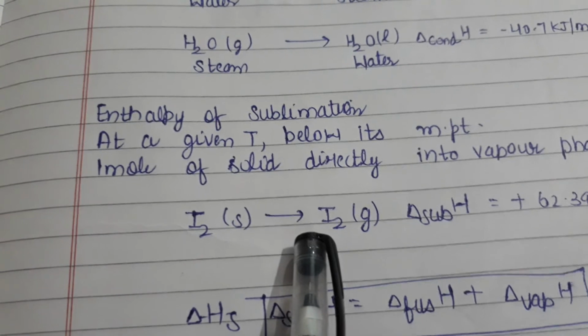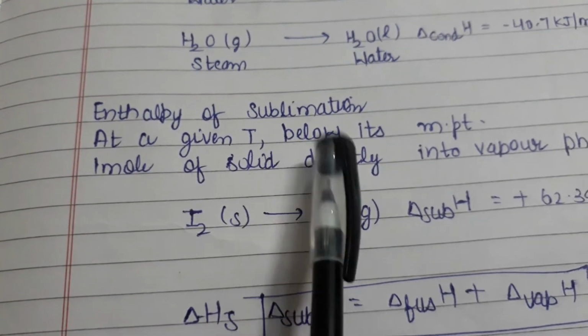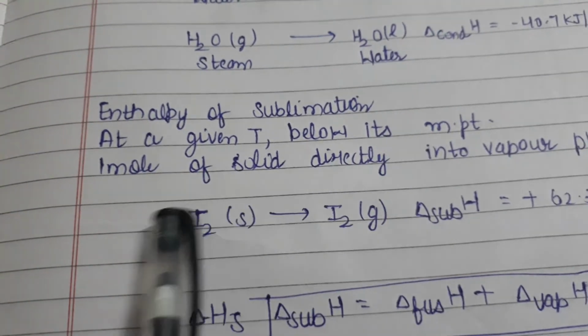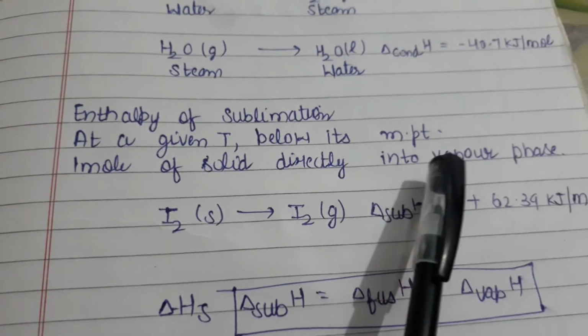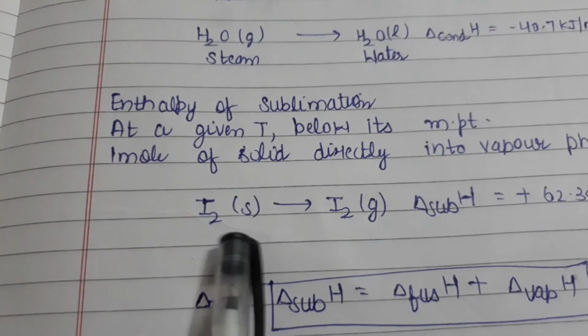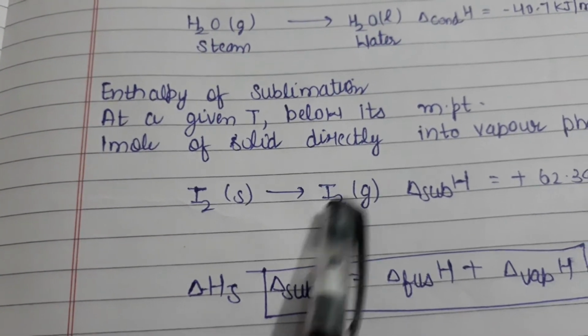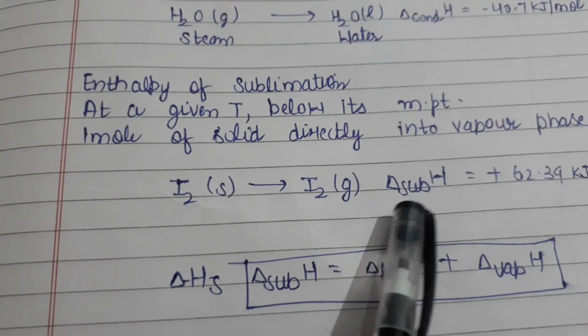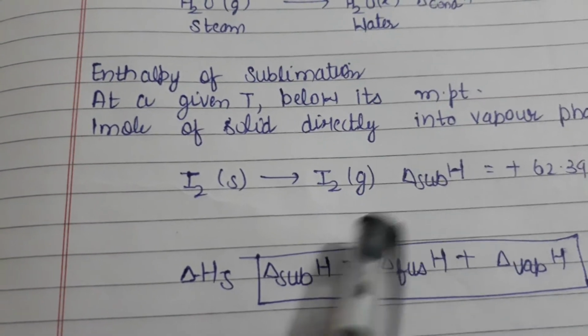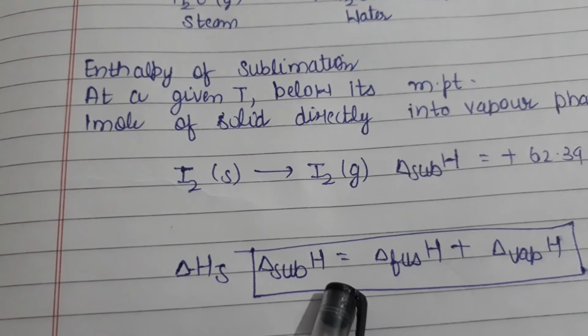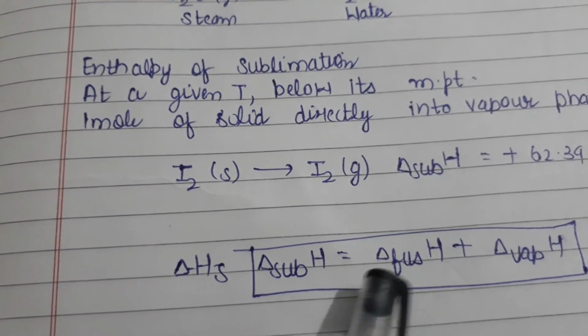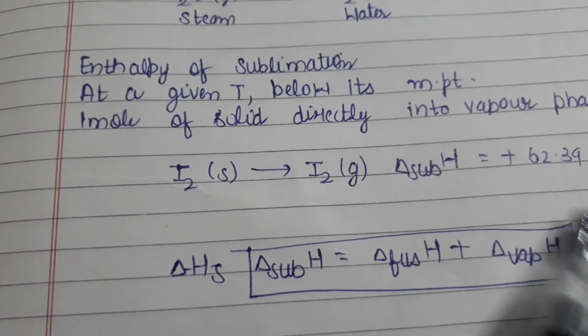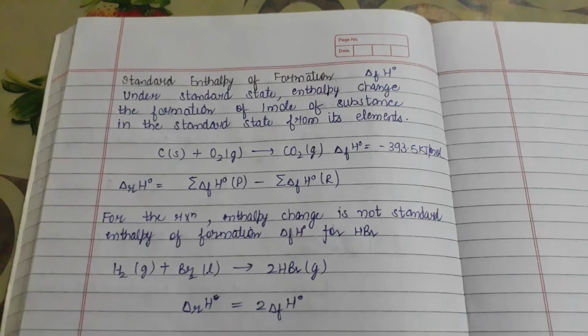So it is the change in enthalpy at a given temperature below its melting point when 1 mole of solid changes directly into the vapor phase. For example, iodine in solid state converts into iodine in gaseous state. Here it is the enthalpy of sublimation. And the enthalpy of sublimation is the sum of the enthalpy of fusion and the enthalpy of vaporization.